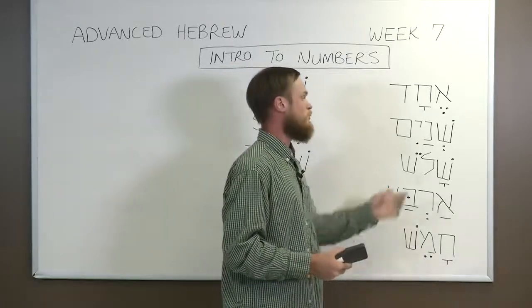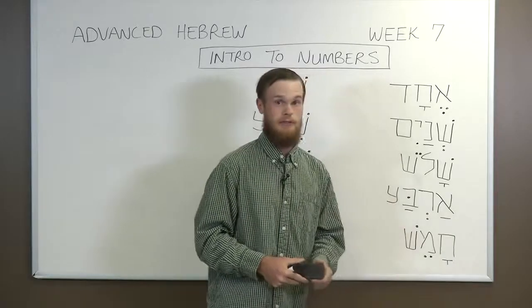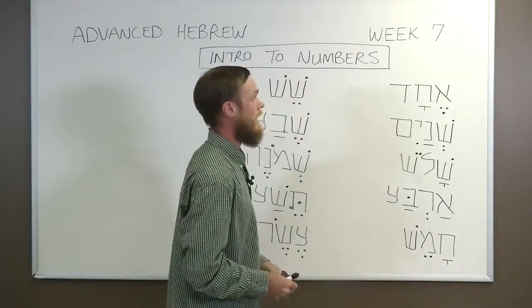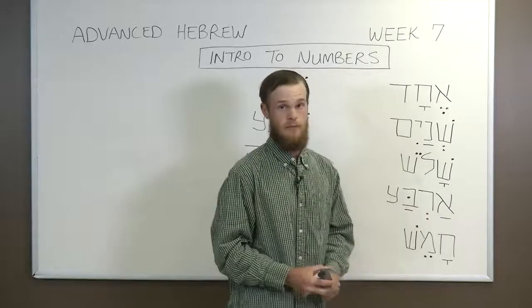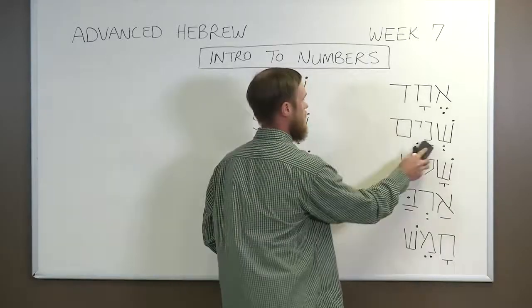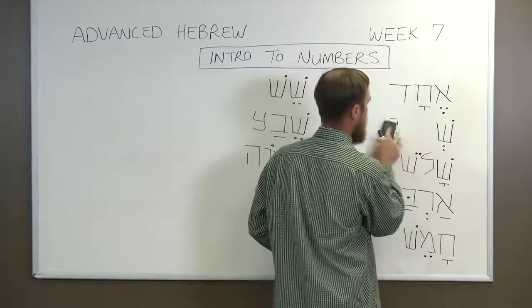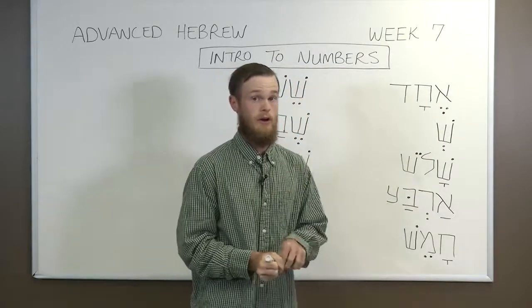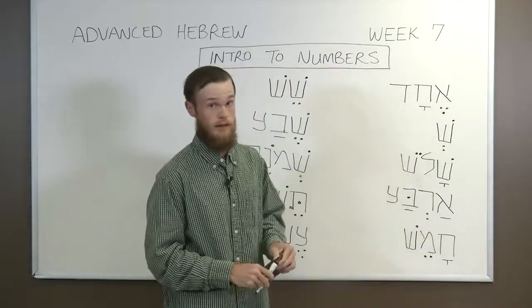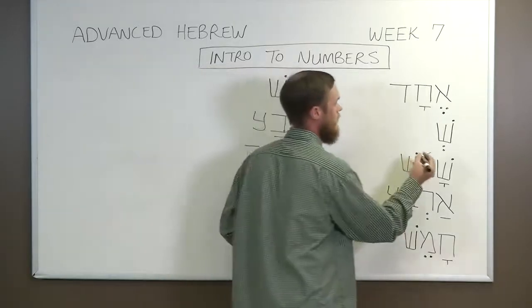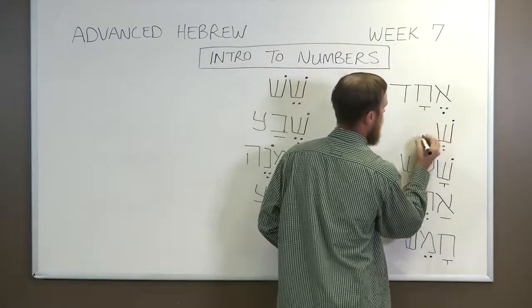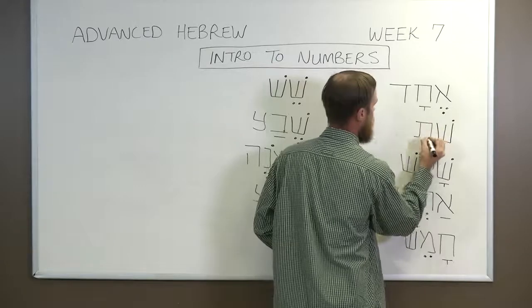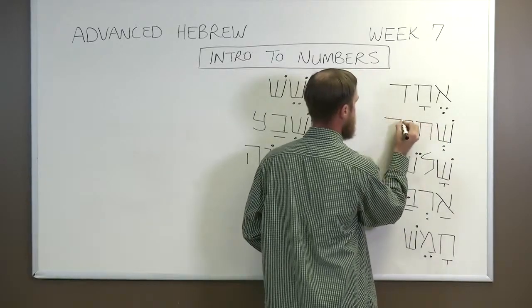All right, our number for 2 is shenayim in the masculine. Okay, so 2 men would be anashim shenayim. 2 women would be nashim. Remember, our irregular plural of isha is nashim. Nashim shetayim.